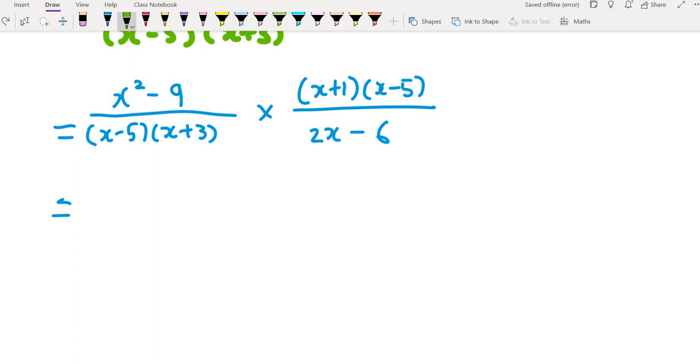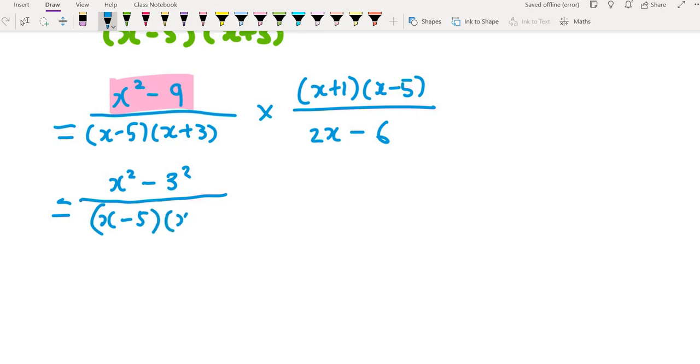However, we can factorize this further, like this one over here. We can rewrite this as x minus 3 squared. Let's rewrite it like that.